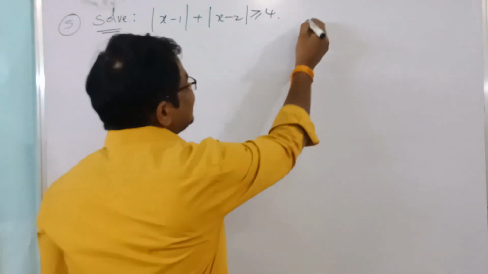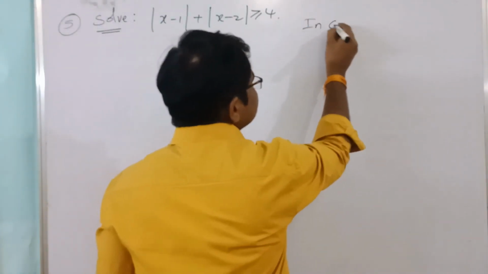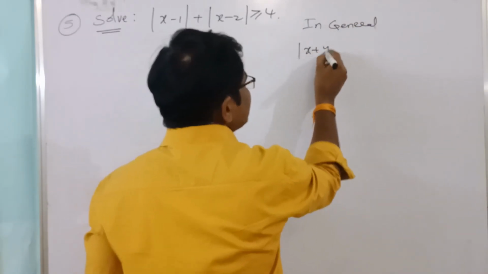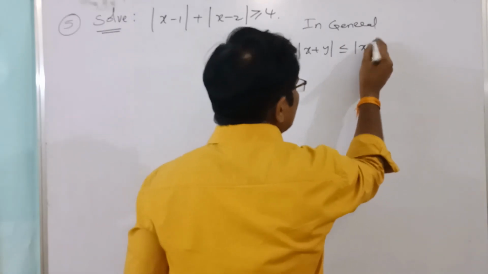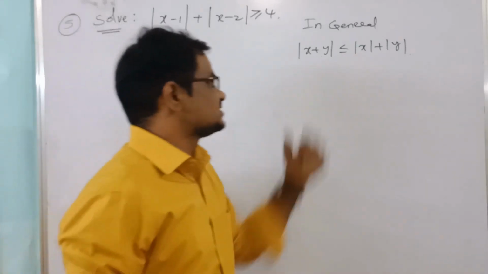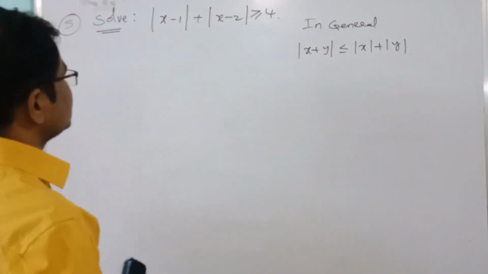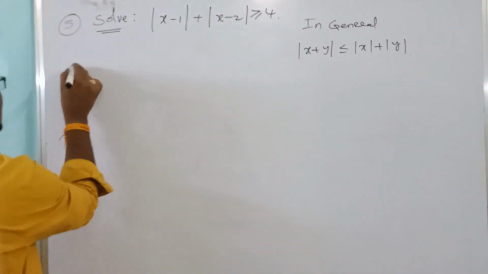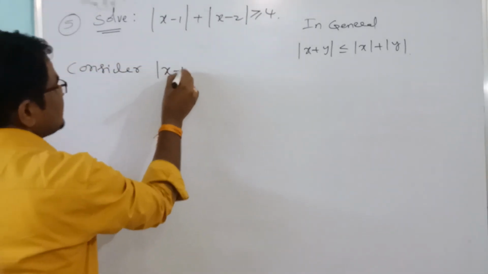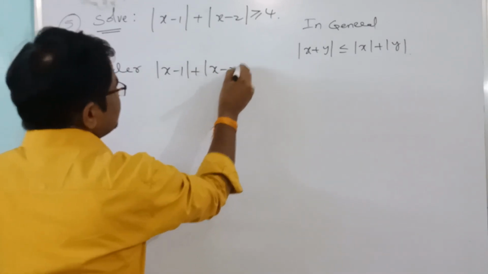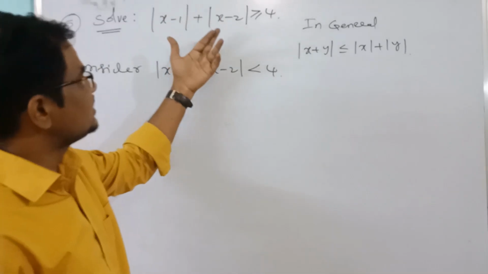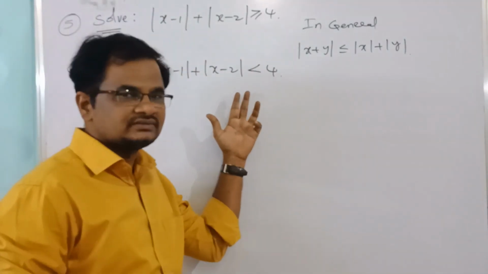So we know that in general |x + y| ≤ |x| + |y|. By that condition, I will take one consideration: consider |(x − 1) + (x − 2)| < 4. Instead of finding the values for the original, first I will take this one, then I will conclude.